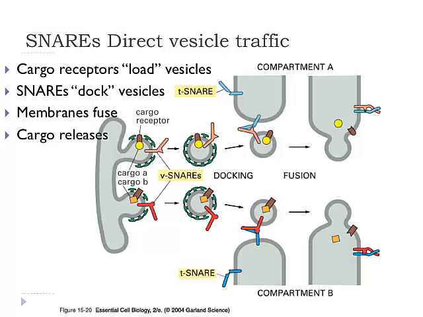And it binds to part of that protein and accumulates. So here we only see one kind of receptor ligand interaction. It would actually be many that would accumulate in an area of the membrane of that donating compartment.